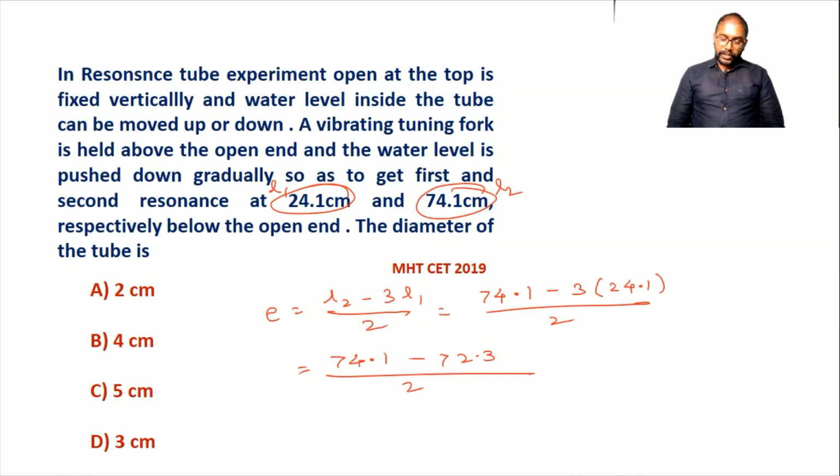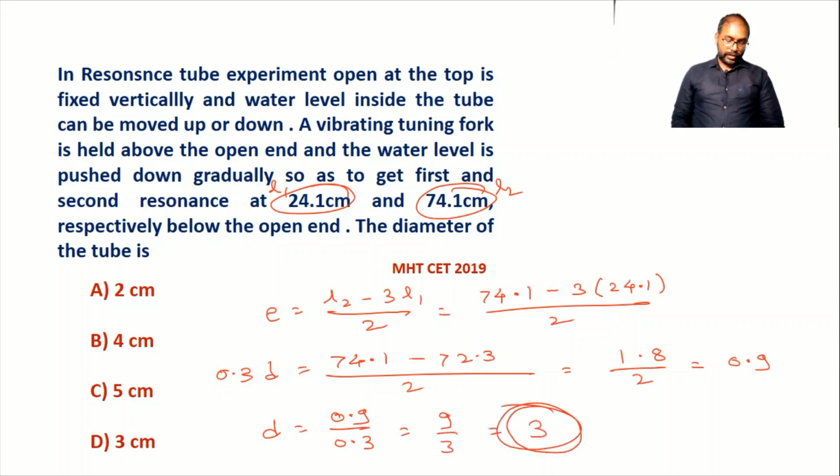Then after doing the subtraction, 1.8 by 2, so it is coming 0.9, and the end correction is 0.3 times the diameter, and we have to find out the diameter. So the diameter is 0.9 by 0.3. So 9 by 3 means it is coming 3. So 3 centimeter is written in option D. So option D is the right option. So we use this formula for the end correction.